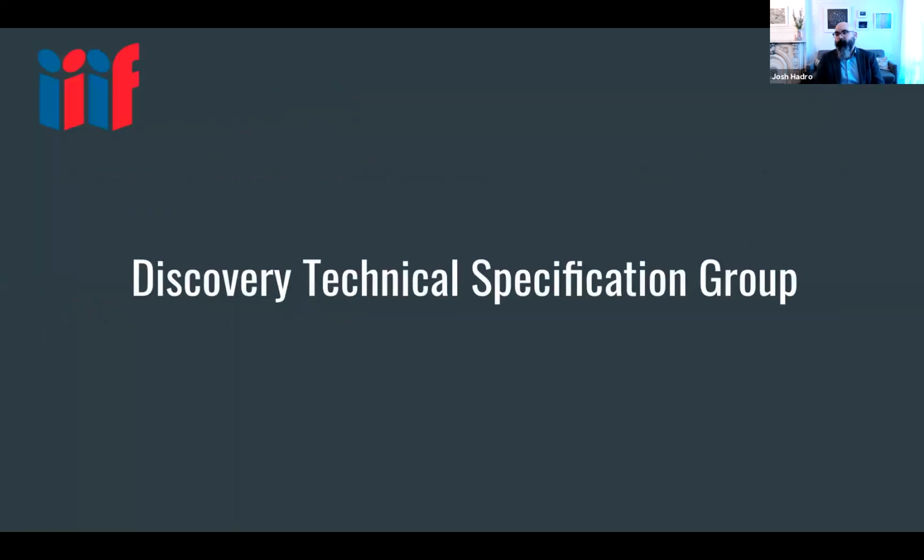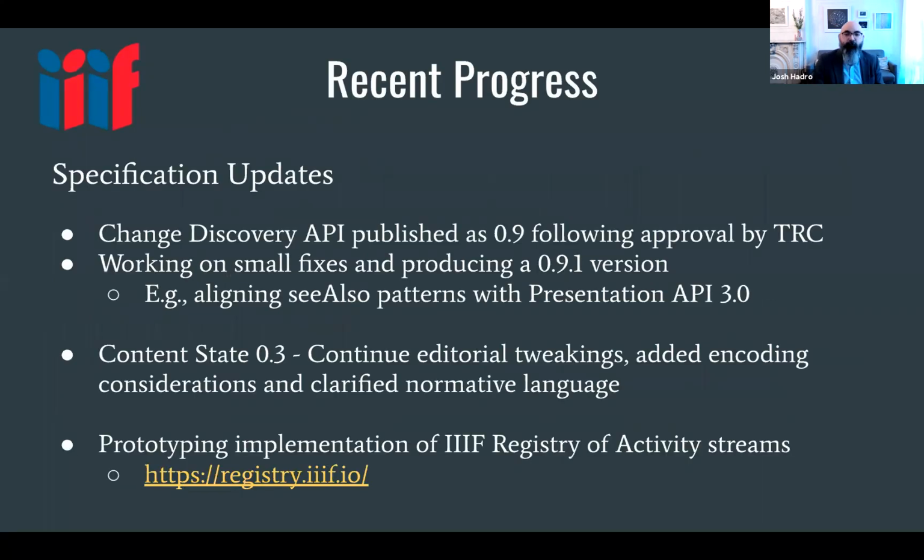And the discovery technical specification group. So I mentioned the Discovery for Humans group on the community side. This is the discovery TSG that is actually working on quite specific and concrete API specifications to make that discovery experience workable.